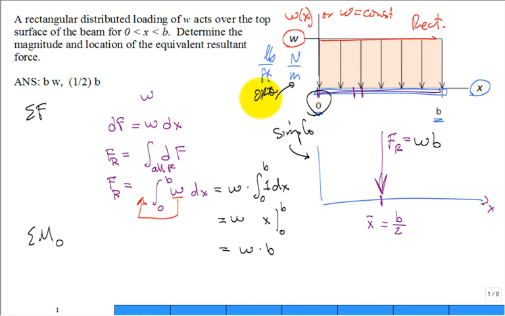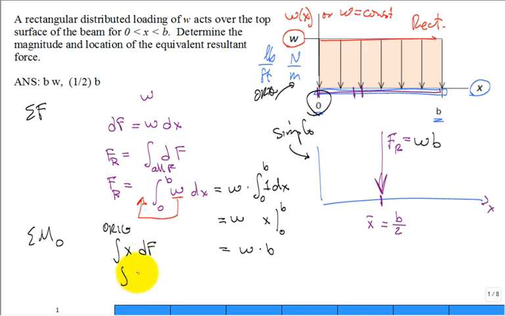Okay, so in the original system, how do I calculate it? Well, I would say every little downward force is at a location X away from the origin, so I would sum them up, do the integration. That would give me the net moment of that distributed loading on the beam, the net moment around point O. Okay, we'll just expand dF like we did before.